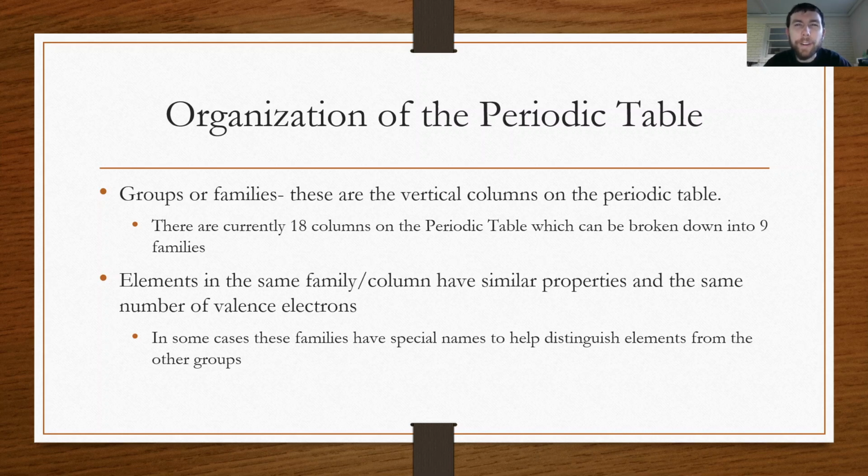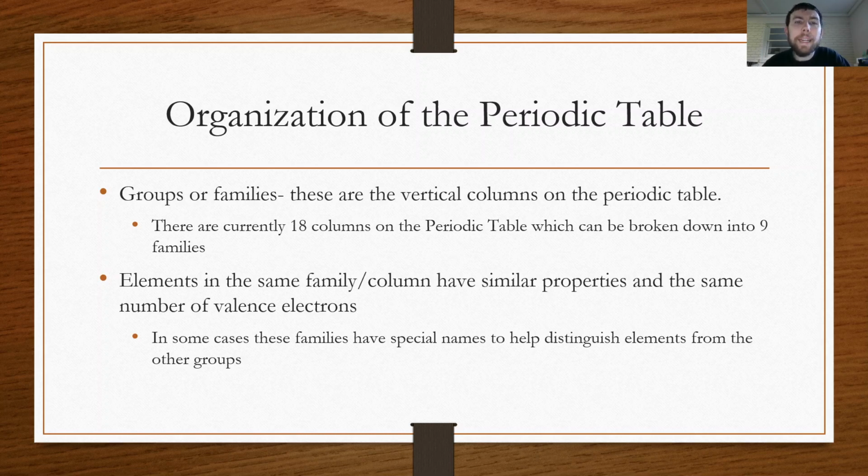I'm going to get into valence electrons a little more later, but just know for now that valence electrons, if you remember from Bohr models, are the electrons in the outermost ring or outermost energy level of an atom. These are really important because these are the electrons that are important in bonding.